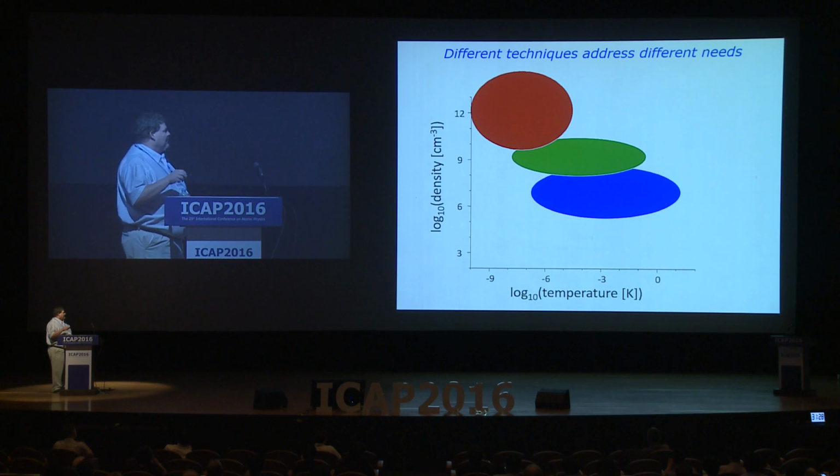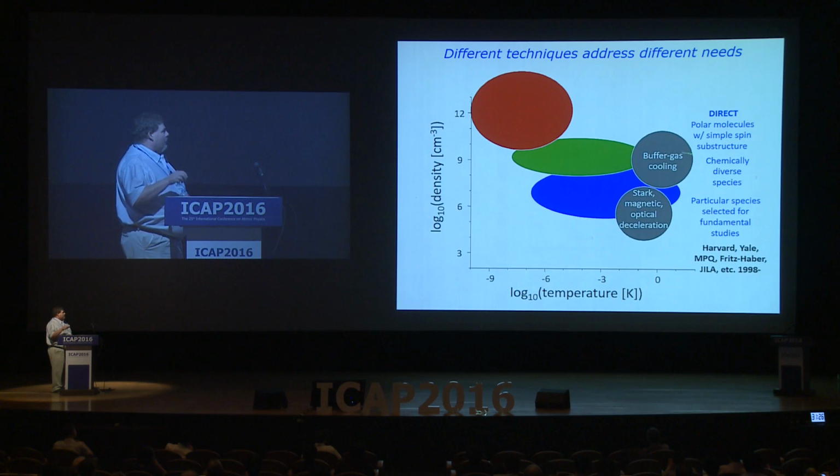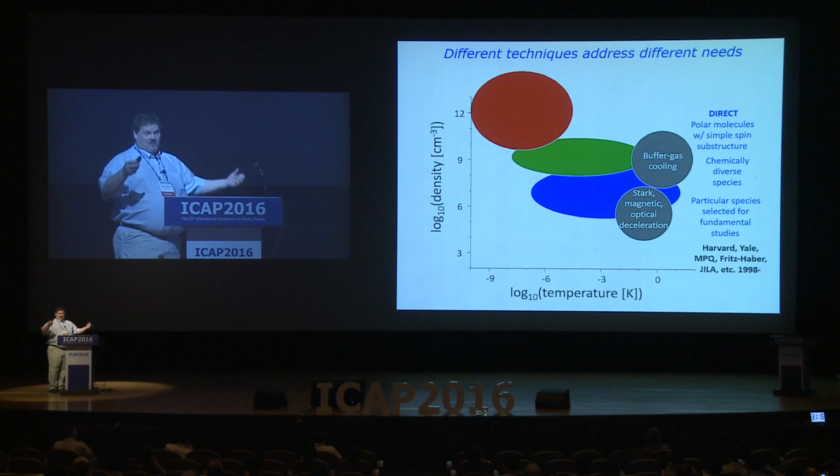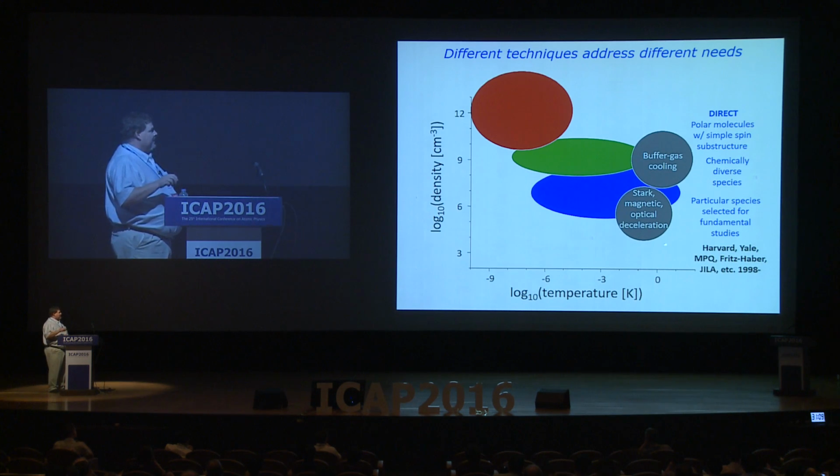Instead, I'll focus on an alternate set of cooling techniques, which we think of as direct cooling. And these techniques are much more broadly applicable to different kinds of molecules. We don't need to be able to take alkali atoms and bind them together. In principle, we can start with many different kinds of molecules and cool them. And this is useful for many applications.